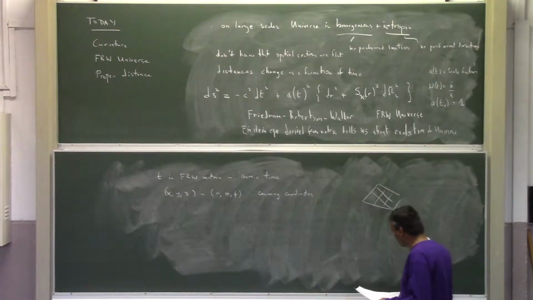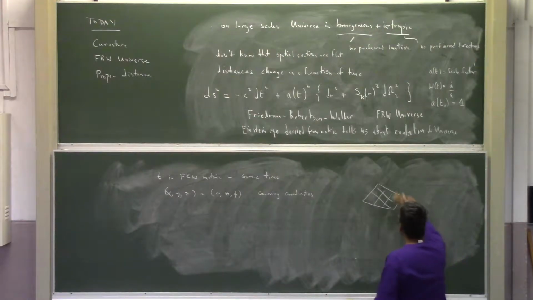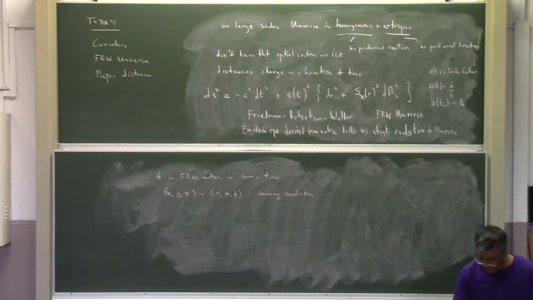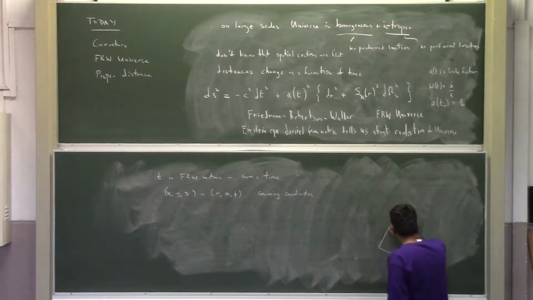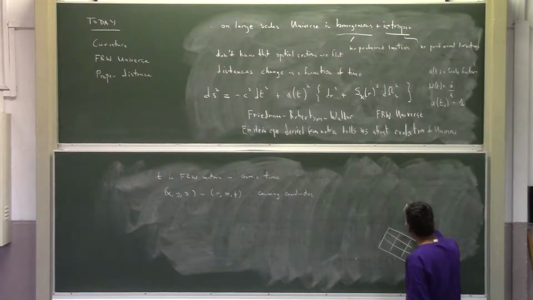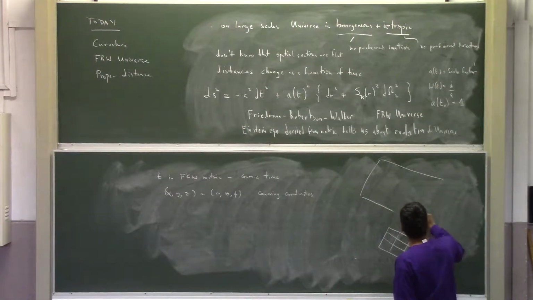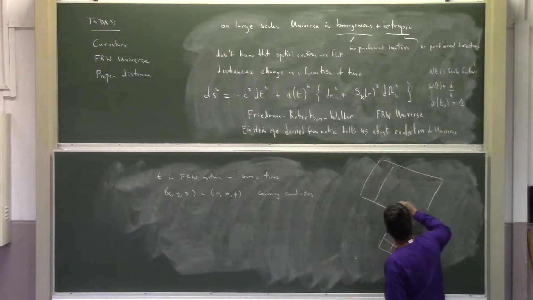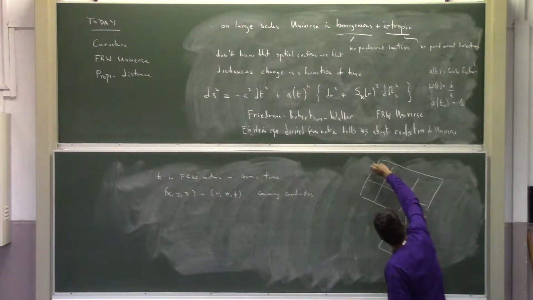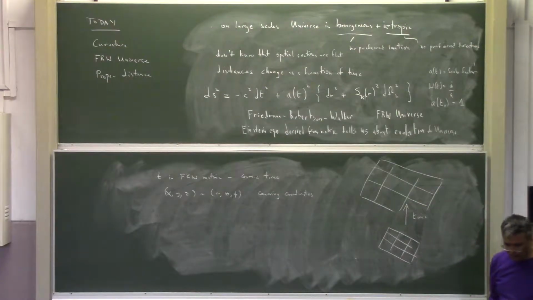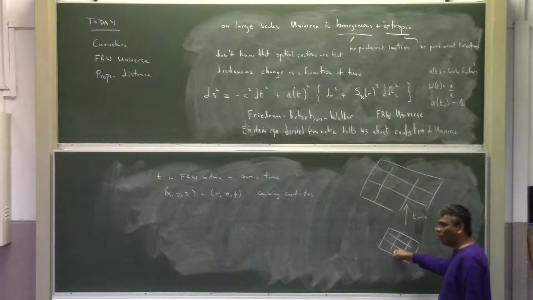So you run time, maybe I should draw this. We have this grid. We run time. And because the universe is expanding, the grid will get bigger. Okay? So we fix coordinates on this grid. Those coordinates stay the same even as the grid itself expands.